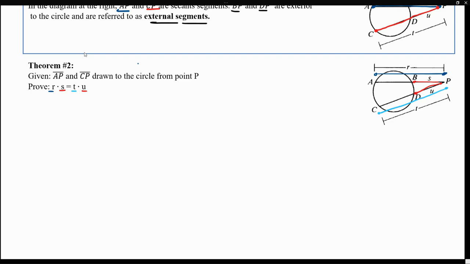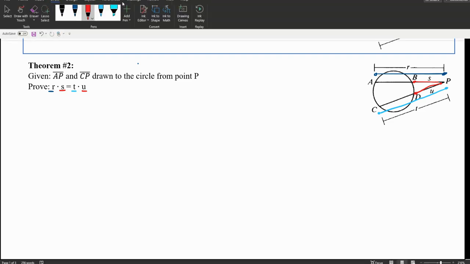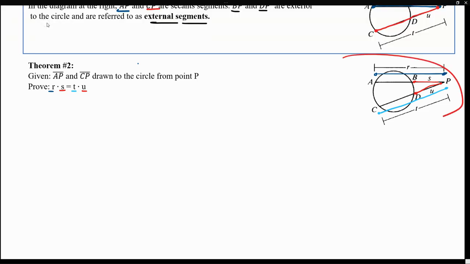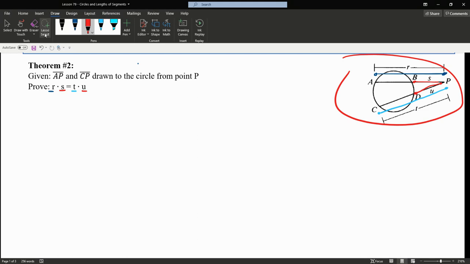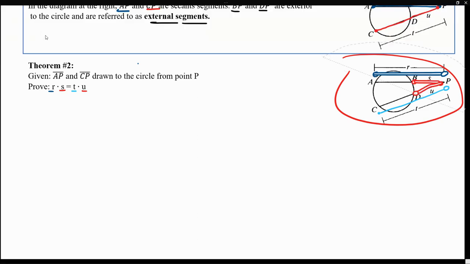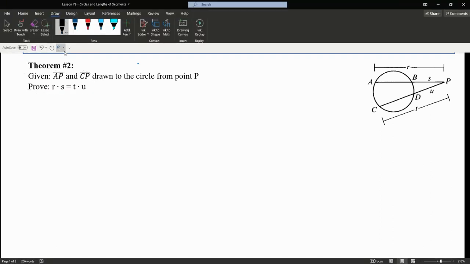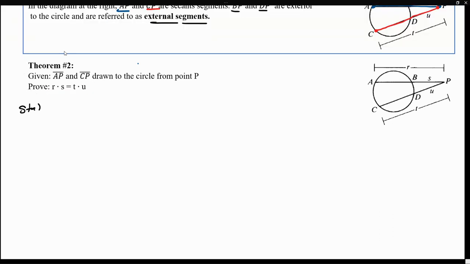So let's get started. So in two secant lines, the whole times the external is equivalent to the other whole times the external. So why is it that this is true? Well, let's see. Let's prove this. And to prove this, let's do a statement and reason.